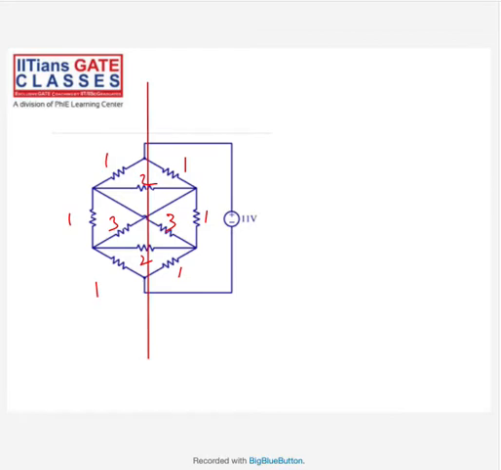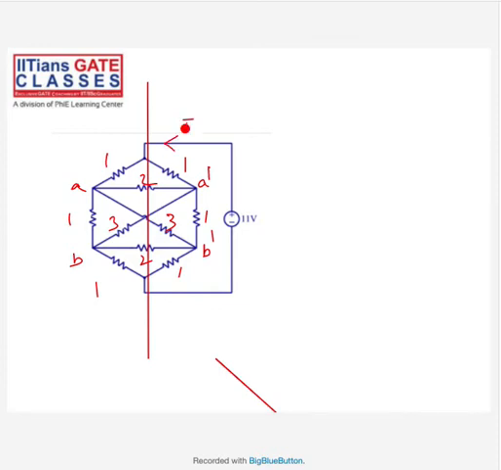Screens. If you see this, as seen from the center, these points A dash, B dash are at the same potentials. It's a symmetrical network, so A and A dash will be at the same potential, and B also. Right.